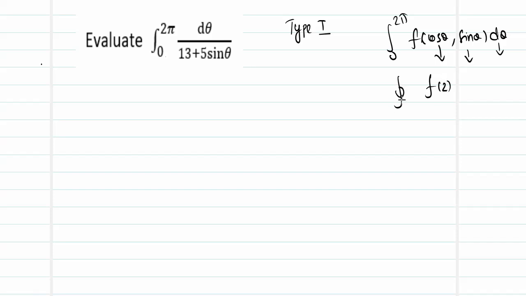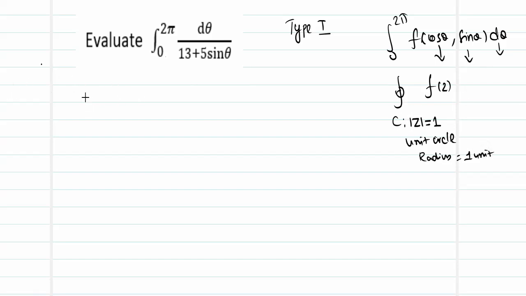I will be evaluating over the closed curve C, which is the closed circle mod z equal to 1, the unit circle. What do we mean by unit circle? A circle with radius equal to 1 unit. This is my converted boundary after the substitution.